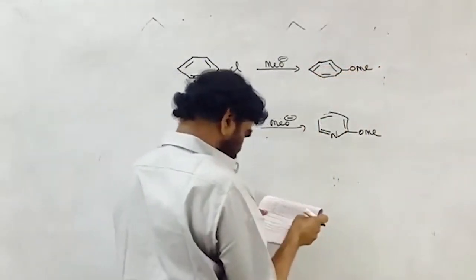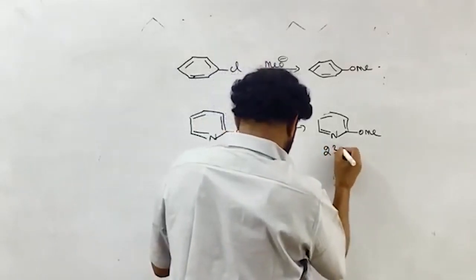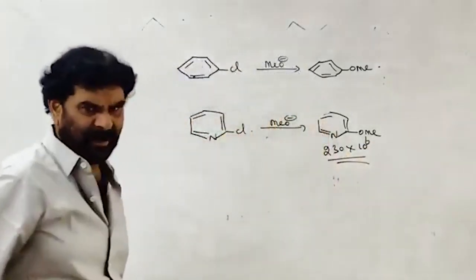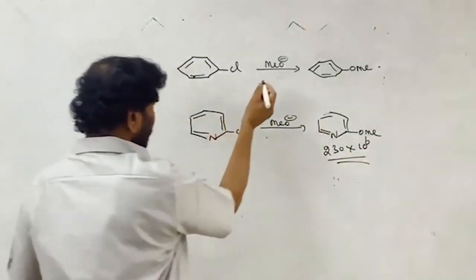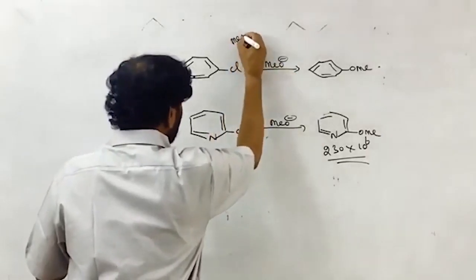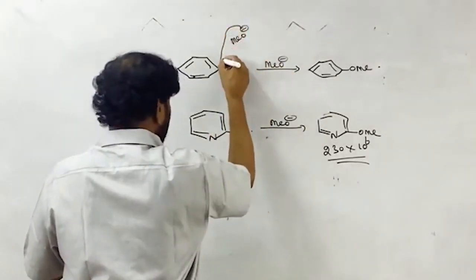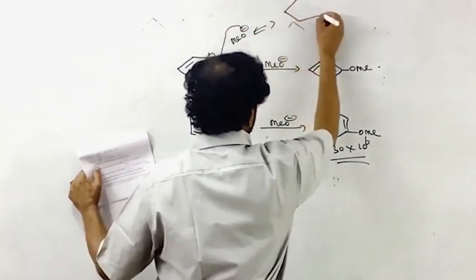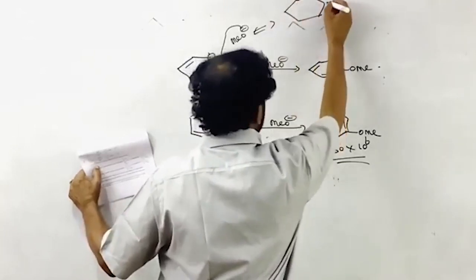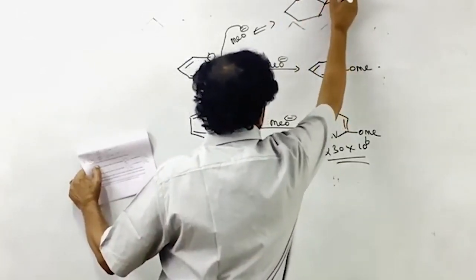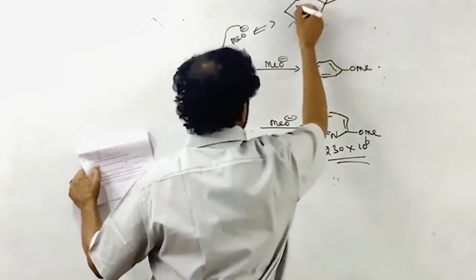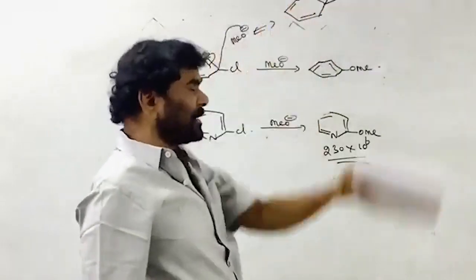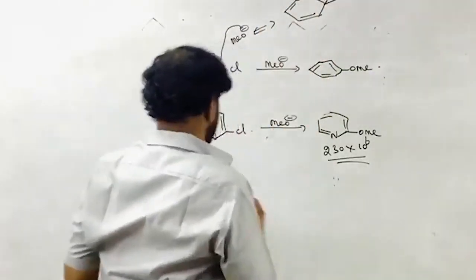This is 230 times 10 to the power of 6 times more reactive than this one. Why? The reason: when the methoxide nucleophile attacks on this carbon, a carbanion intermediate is formed, with the negative charge on carbon.